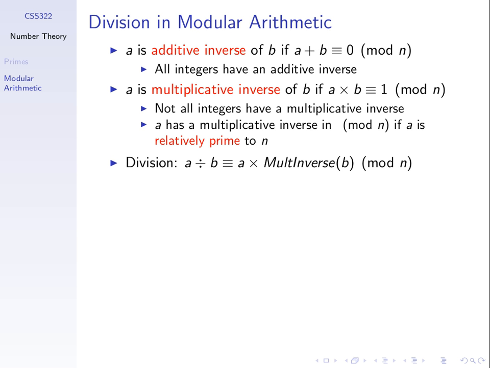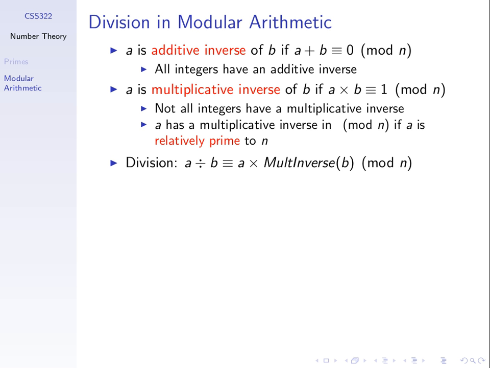What's 2 divided by 3 in mod 8? Not 2. To do division, we'll need to multiply by the multiplicative inverse of 3, where mi is short for multiplicative inverse.